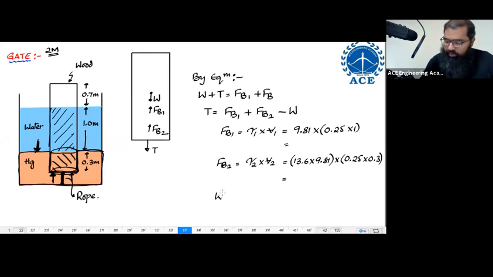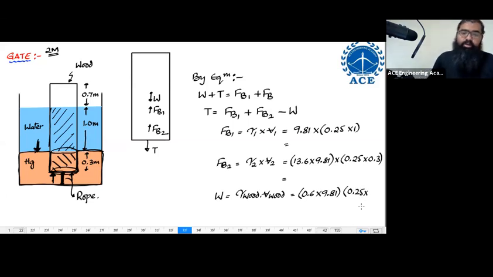Then weight of wood is equal to how much? Gamma of wood multiplied by volume of wood. Gamma of wood is equal to 0.6 into 9.81. Volume of wood is equal to 0.25 into the total height.